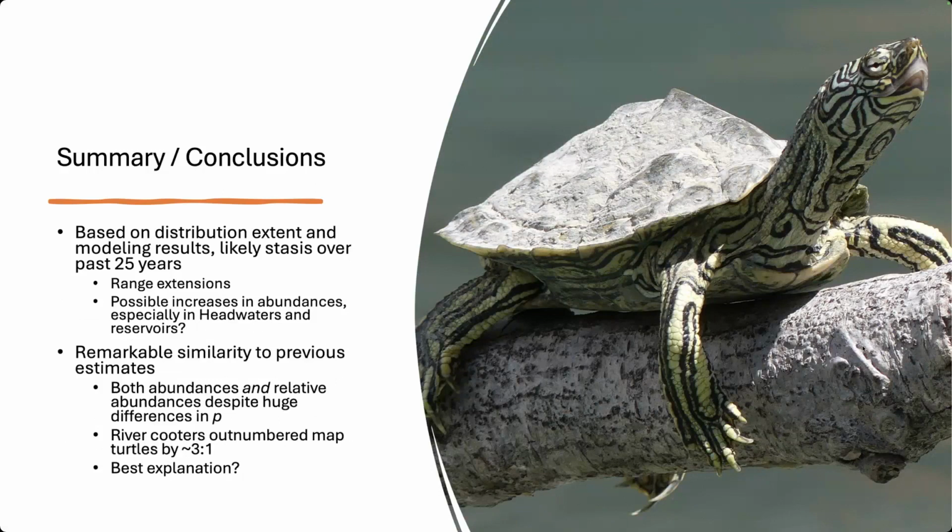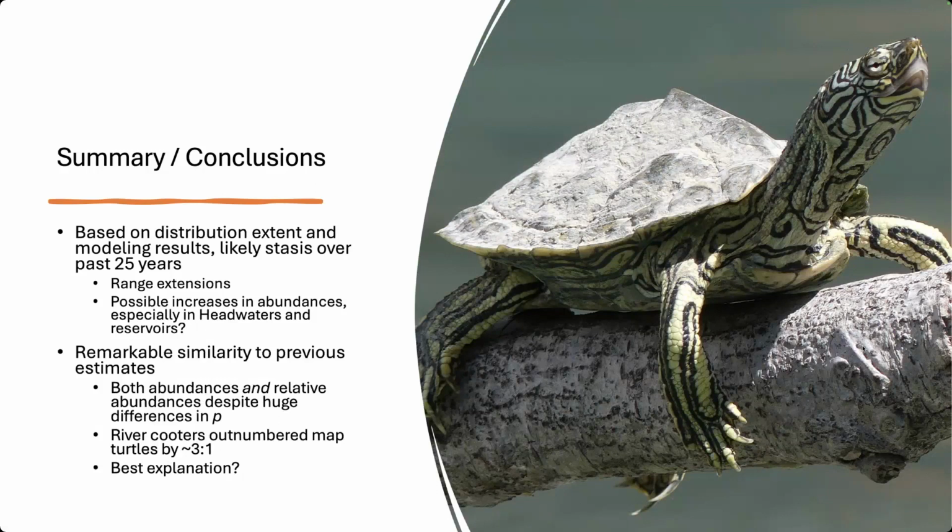Based on the distribution extent that we've looked at for map turtles and our modeling results, we conclude that there's probably stasis in population size over the last 25 years. In other words, they have not been declining. And if anything, although this is once again a conservative perspective, they might actually be increasing in abundances in some areas.